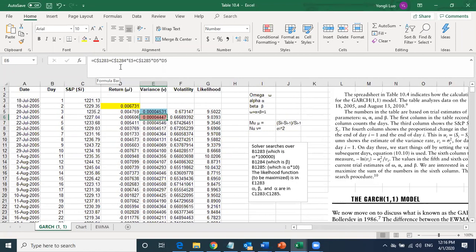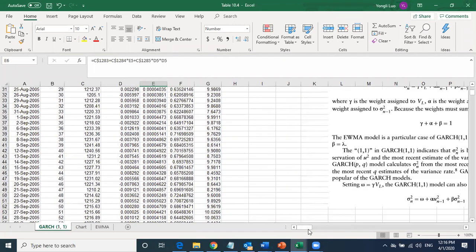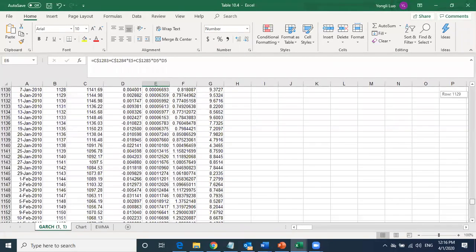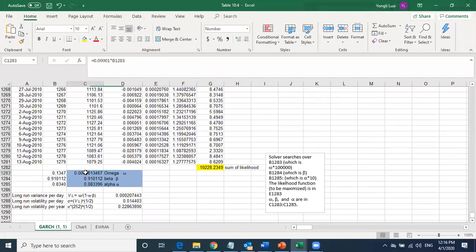This is the parameter we're going to estimate. So we go all the way down, and you can see C1283, C1284, and C1285. These are the 3 parameters.